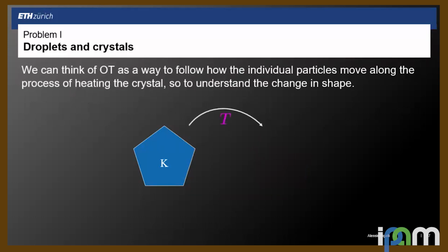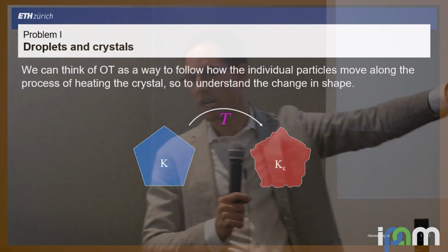So the idea is that when you change from this configuration to this configuration, a crystal is made of infinitesimal particles. And then you can think, okay, let me look at the optimal transport between that shape and that shape. I can transport everything. As a mathematician, I'm happy to transport everything. I don't have to transport physical objects.